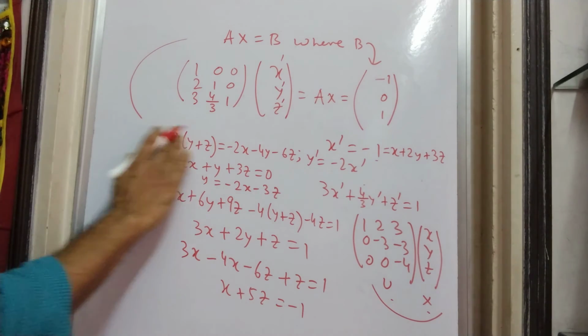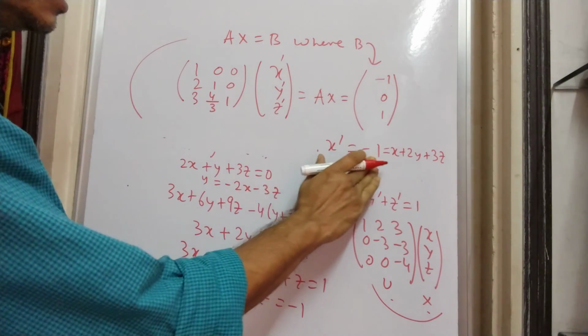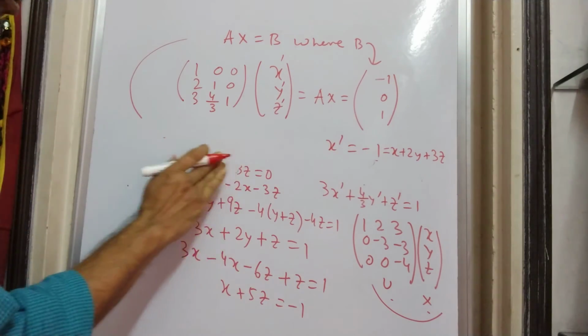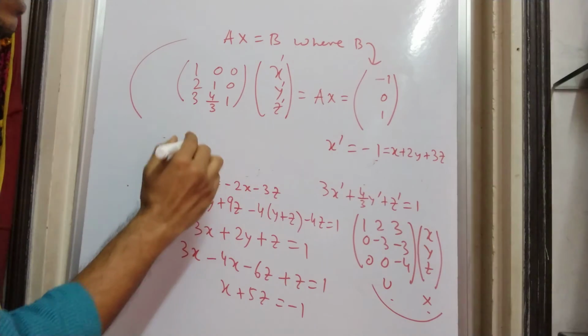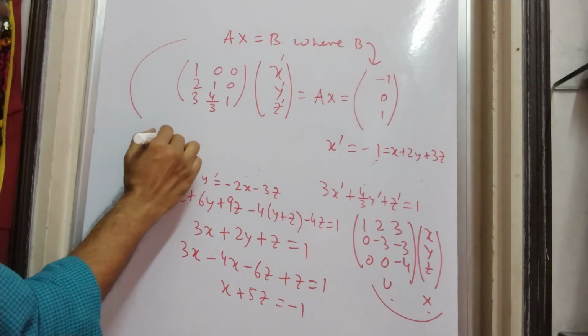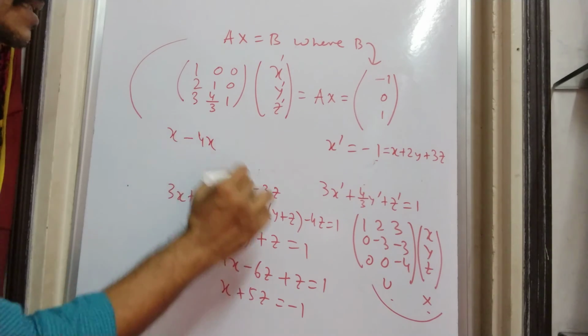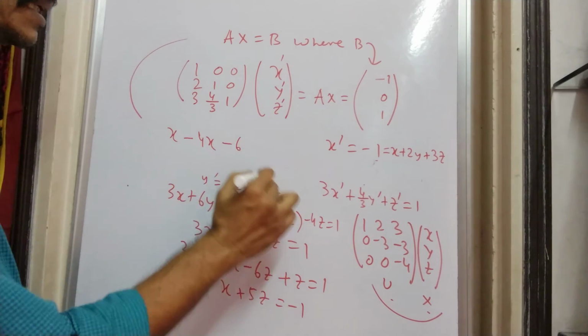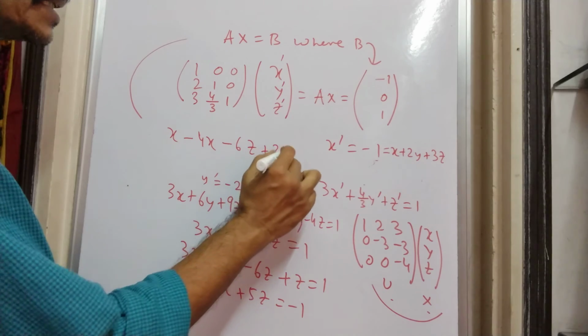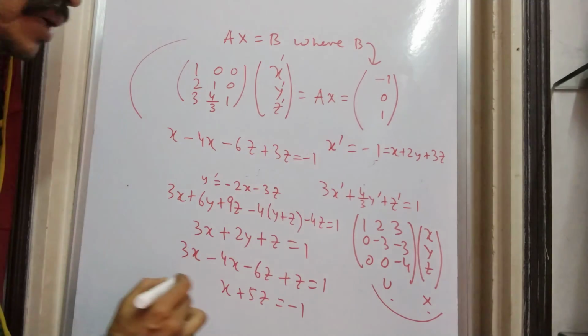And we replace this relation, y equal to minus 2x minus 3z here. So this becomes x plus 2y. Plus 2y means minus 4x minus 6z plus 3z is equal to minus 1.